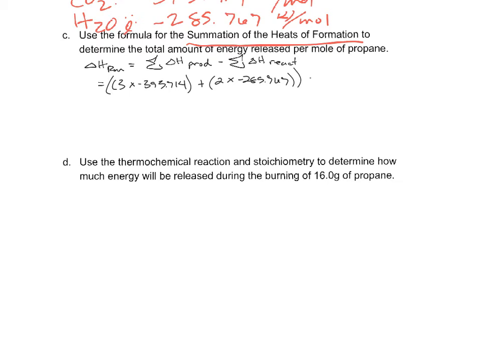And then you subtract all of the reactants, and there's really only one reactant. It's propane, and there's only one of them, so it's 103.847. So all of the products are negative 1181.142 plus negative 1143, and then minus negative 103.847.